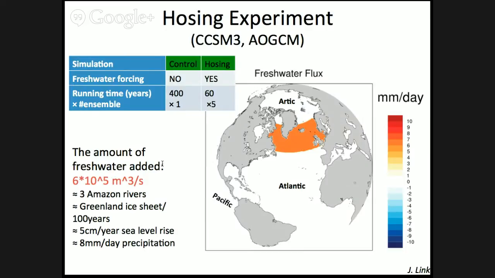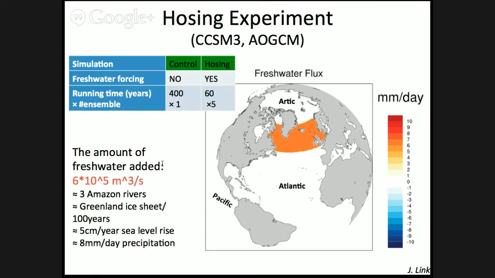But people can use a model experiment to simulate such freshwater hosing. You see that at the subpolar North Atlantic Ocean, uniform freshwater is hosed into this area to simulate the freshwater from the land.